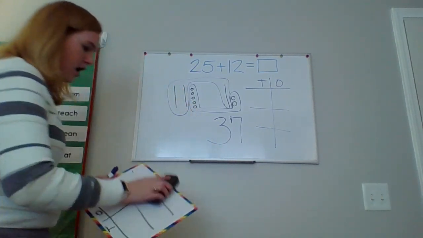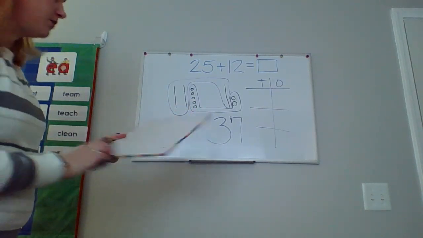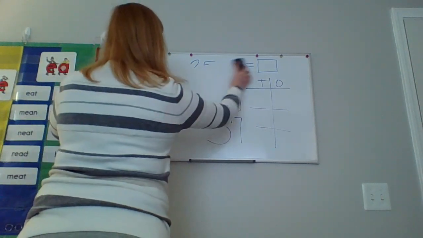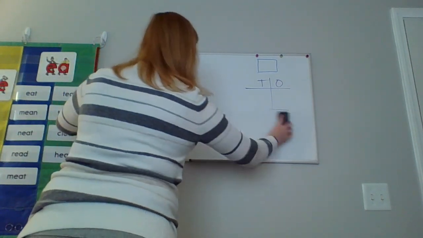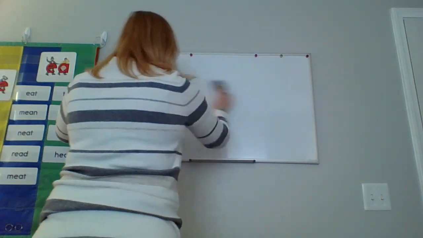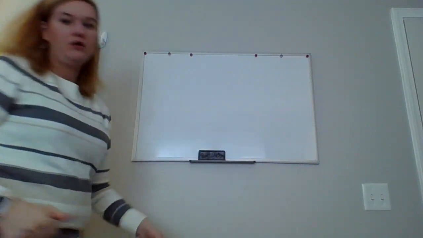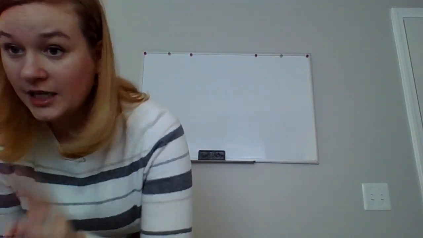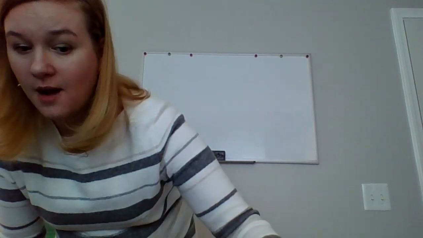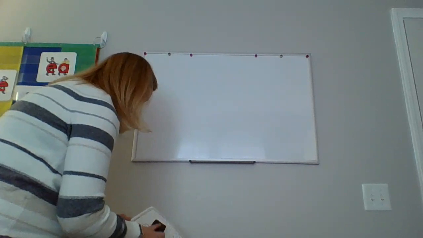Mrs. Cooper isn't always correct, so I want you to use what works best for you. So that is your math lesson today. You are adding 2 numbers together, okay? You're adding 2-digit numbers together. We're getting into much more complex math. Our math is getting a little harder, okay?